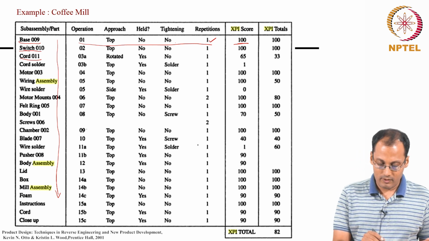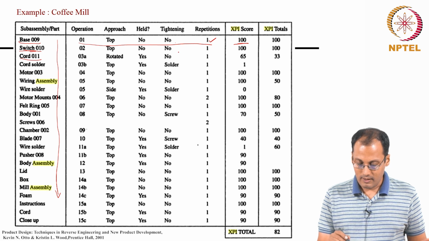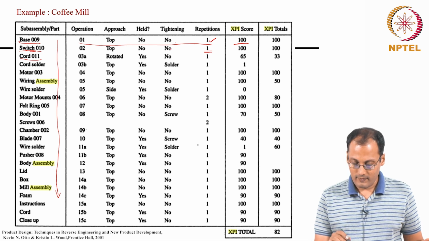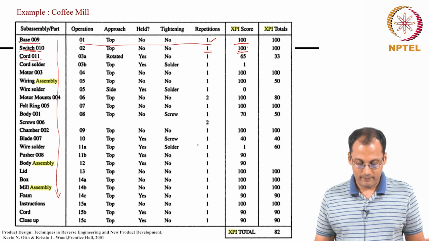The same way for the switch, I am bringing from the top direction, and I am just repeating the operation once, and I am not doing any additional operation. So, the score is 100.